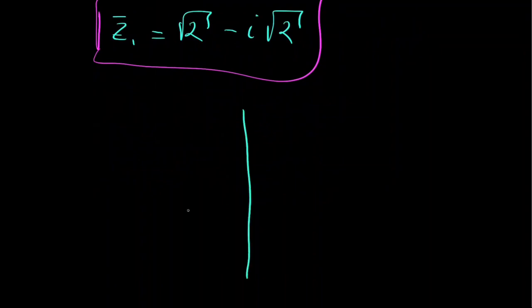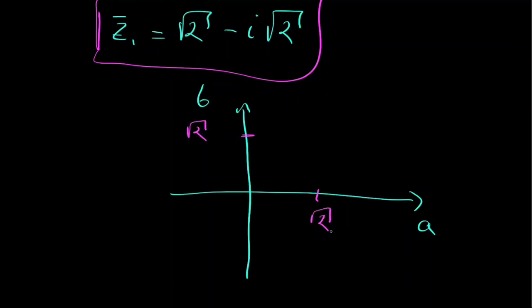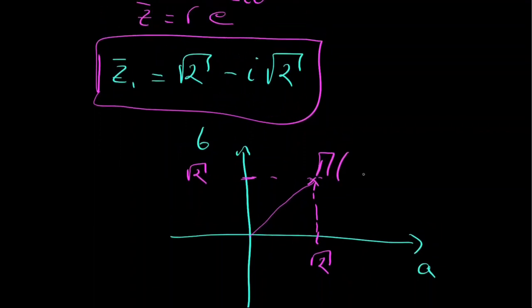So let's draw the plane. A here, B here. We go square root of 2 to the right and square root of 2 to the top. Square root of 2, square root of 2. And this is the point associated with our number, square root of 2 plus i square root of 2, so z, regular z.